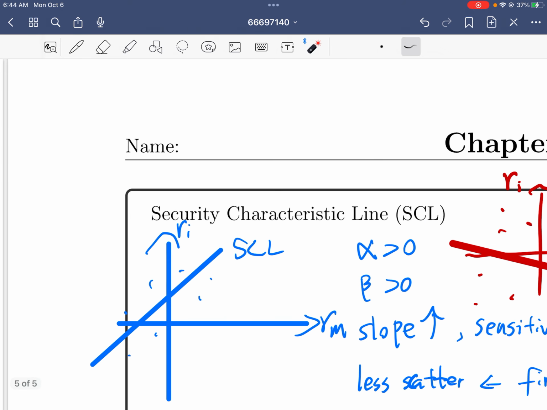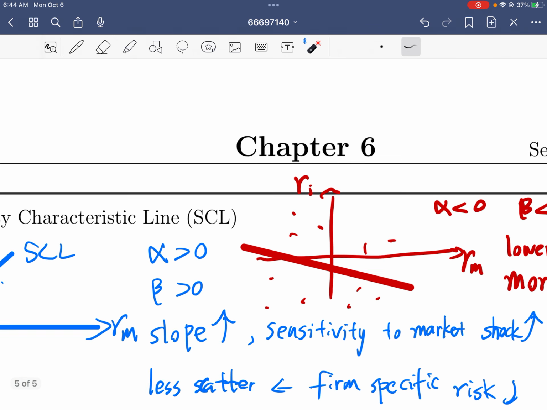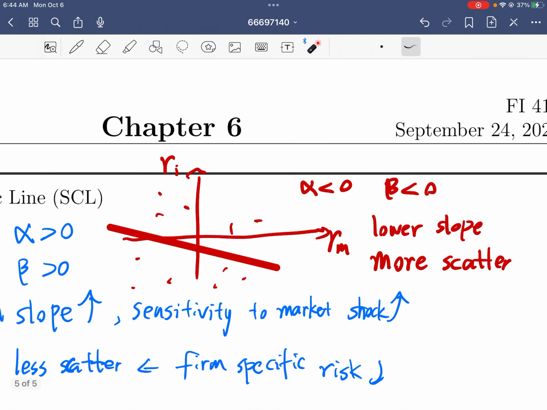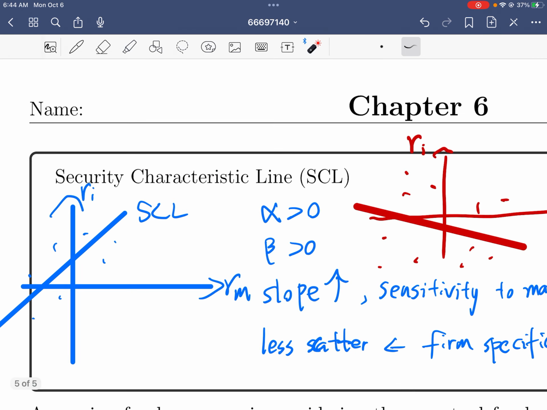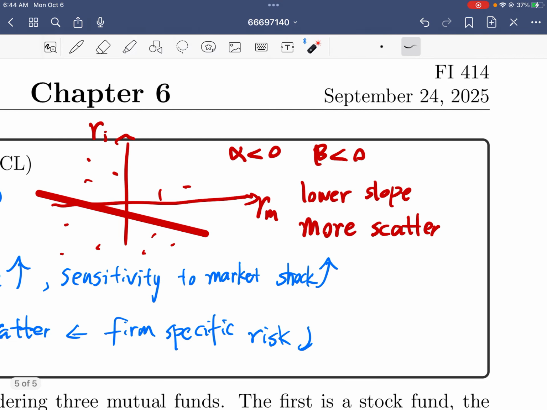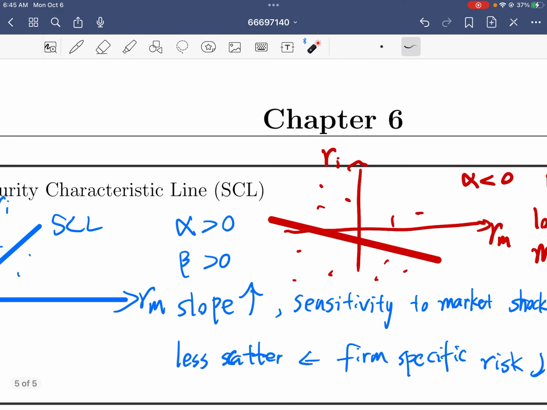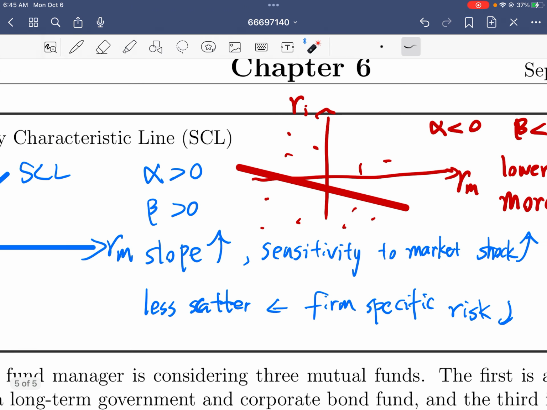This one is more flat than the previous security characteristic line, meaning it has less sensitivity to market shocks. And you can see the points of each return are more scattered than in the previous plot, meaning that the firm-specific risk of this stock is higher than in the previous plot.